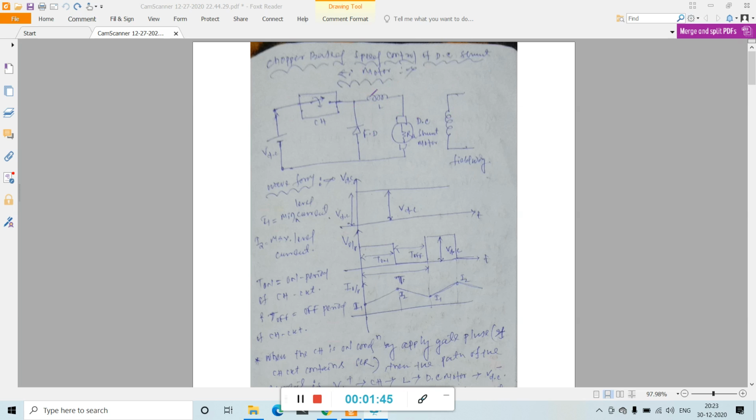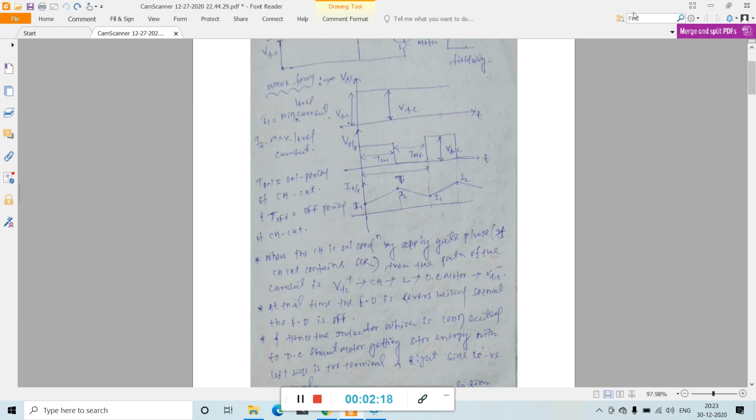That's why this inductor L allows pure DC, and it blocks whatever AC part is there in the output DC. This inductor also stores energy and gives continuous input supply to this DC shunt motor. In this DC shunt motor, this is your armature winding and this is your field winding.